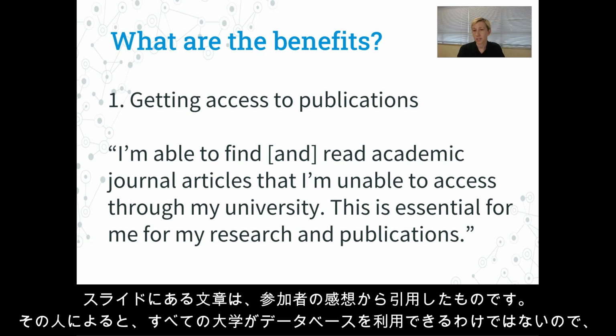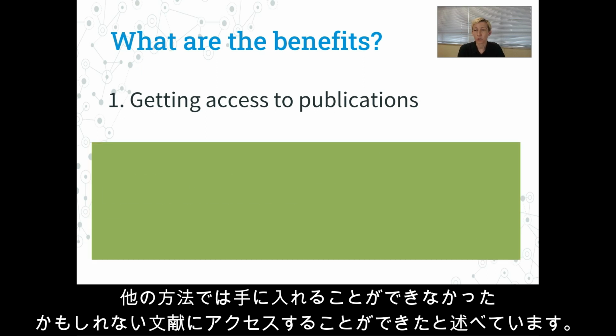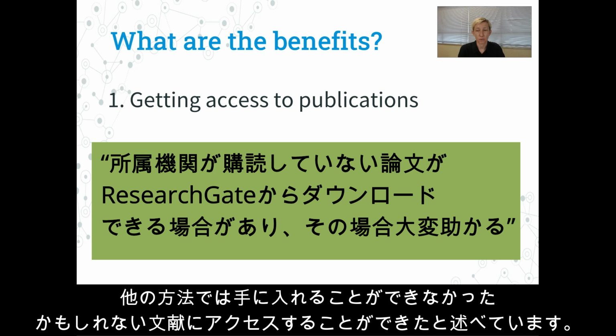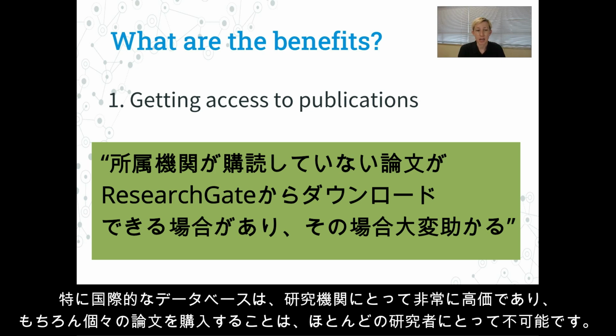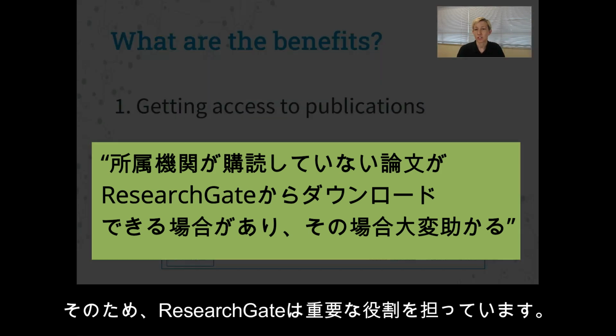There is a quote here from one of our participants explaining that they have been able to get access to literature that they might not have otherwise been able to get their hands on, because not all universities have access to databases, and especially international databases that can be very expensive for institutions, and of course purchasing individual papers is almost impossible for most researchers. So this is a really important role that ResearchGate plays.